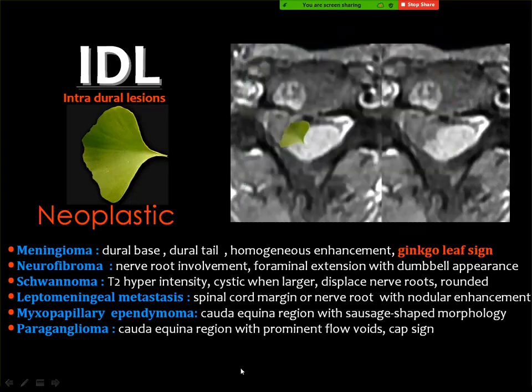Then for the meningioma in particular, you may see this sign, which is known as the dural tail sign, and this is the tail itself.